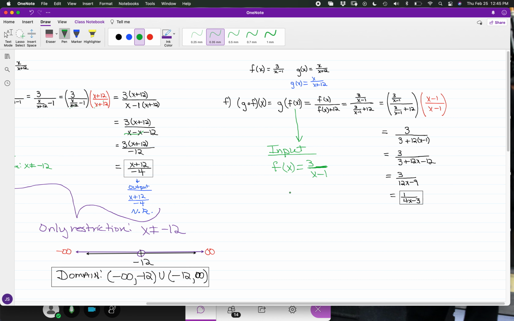So the input restriction is that x cannot be equal to 1. In the case of the output, this time we have a fraction with 4x, a variable expression, in the denominator, which I did not have in the previous composition.